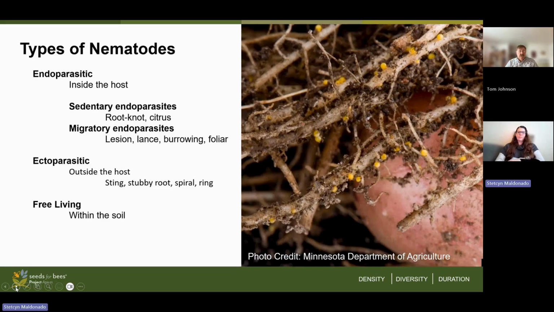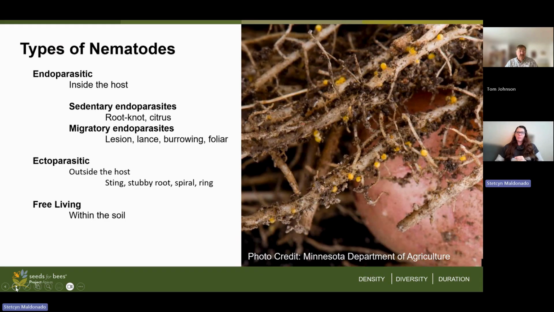So there are different types of nematodes. I probably should have said lifestyles for nematodes. So there's endoparasitic. Endo means in, and then parasite, which everybody's familiar with. These are parasites that will live inside of the host. So there are sedentary parasites, which would be your root knot nematode and your citrus nematode.